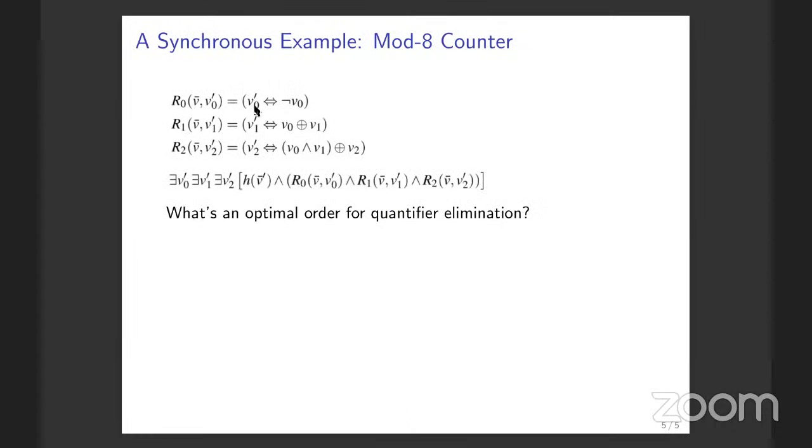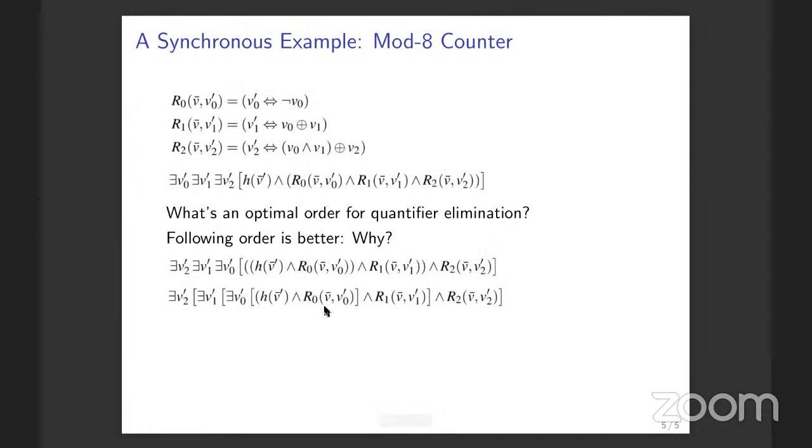Therefore, consider an optimal order of quantifier elimination. Here in this case, you are eliminating the primed variables. R0 is only dependent on V0 prime. R1 is only dependent on V1 prime. R2 is also only dependent on V2 prime. Therefore, you can actually do this in any order.